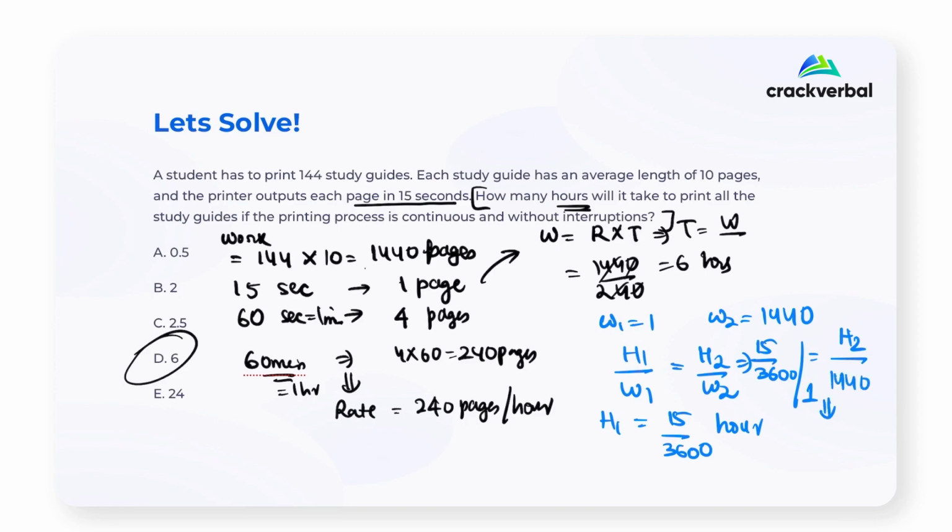Now solving for H2, we have H2 is equal to 15 upon 3600 multiplied with 1440. Factor out the zeros, 12 times 12, 12 times 30, 3 times 4, 3 times 10, 15 times 4 is 60, 60 upon 10 is 6 hours.